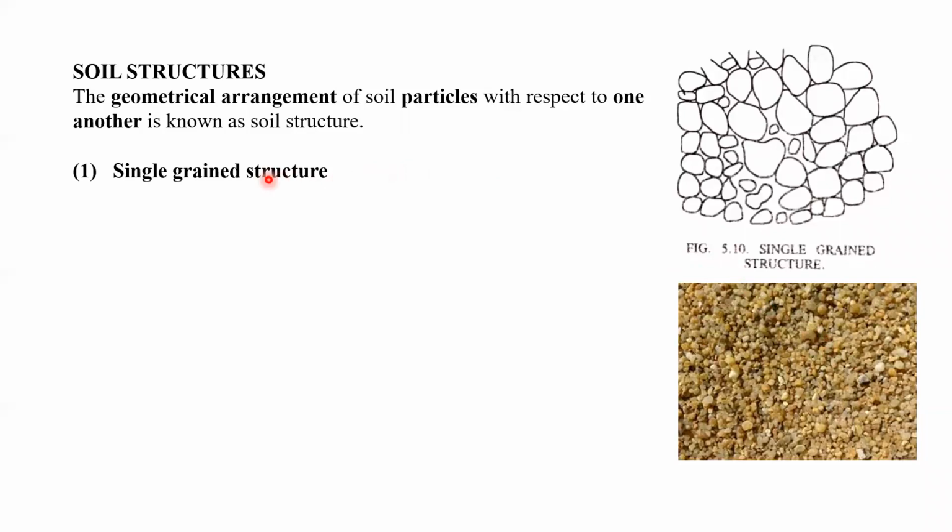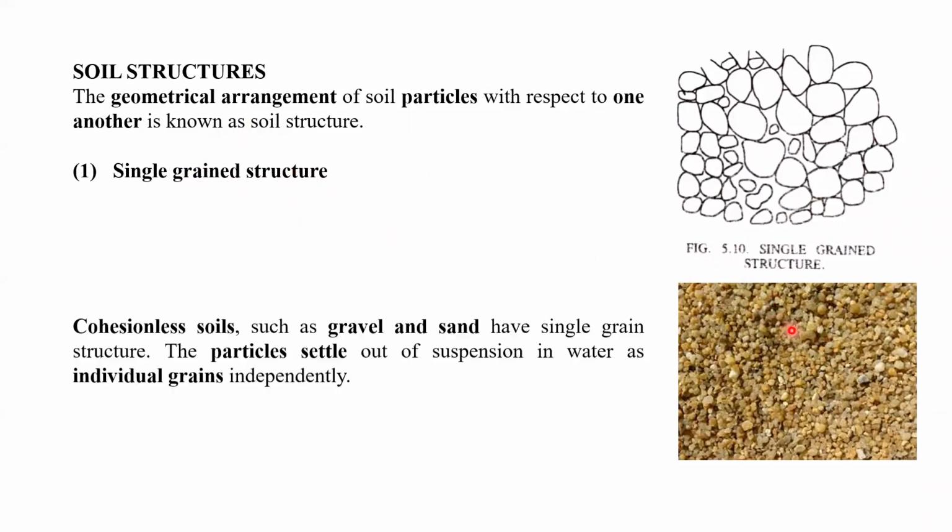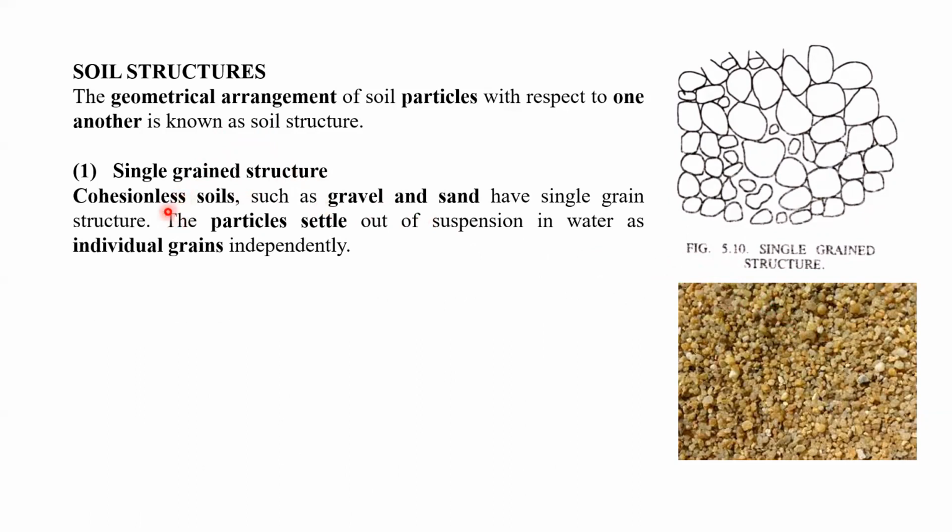See, the first structure is called a single grain structure. Cohesionless soil, such as gravel and sand, has a single grain structure. The particles settle out of the suspension in water as individual grains independently.